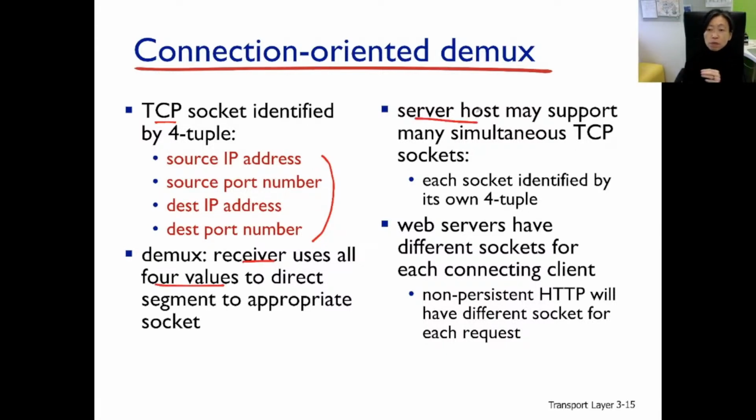Now, a server process running on the host could be maintaining multiple sockets, one for each pair of communication per client. For example, a web server could have multiple sockets open for each connecting client. And if this is the older form of HTTP the web server is running, it could be one socket per object request.